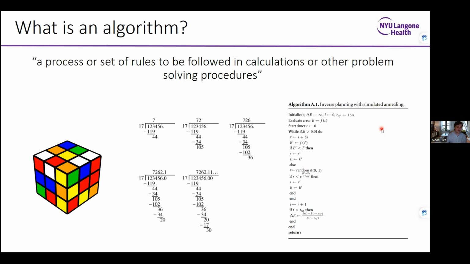The idea is that we're presented with some complex problem. For example, one of my favorite examples is long division, where we have the seemingly insurmountable task of putting 17 into 123,456. But we have this long division algorithm that tells us we follow the set of rules and we can perform simpler calculations to arrive at the correct answer.